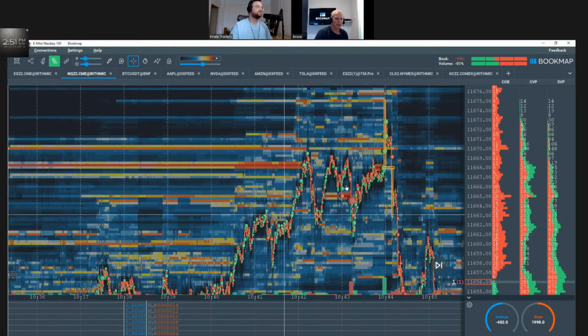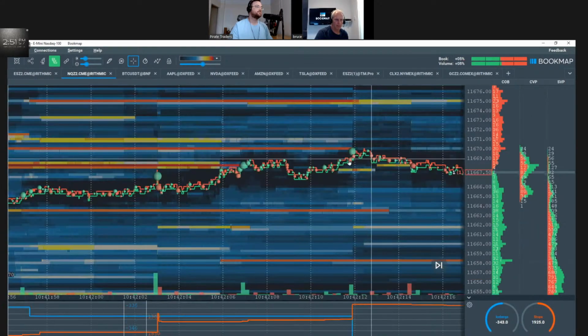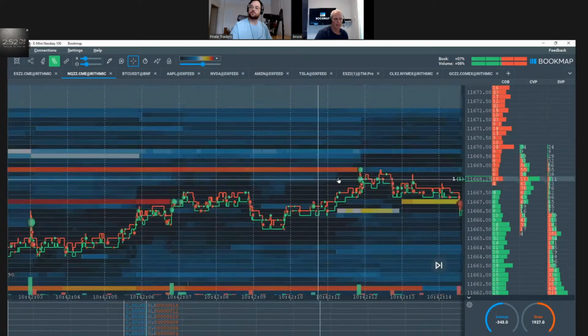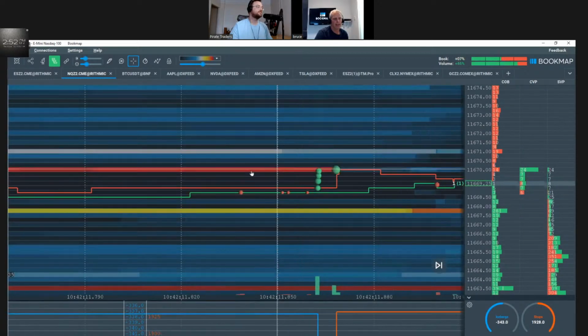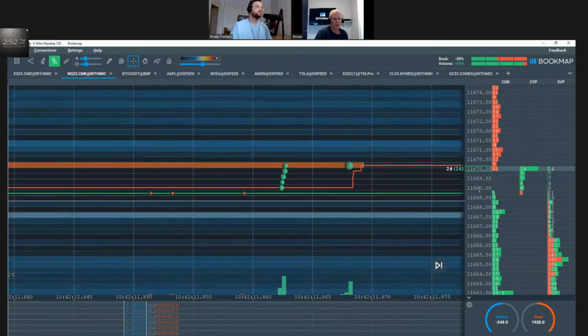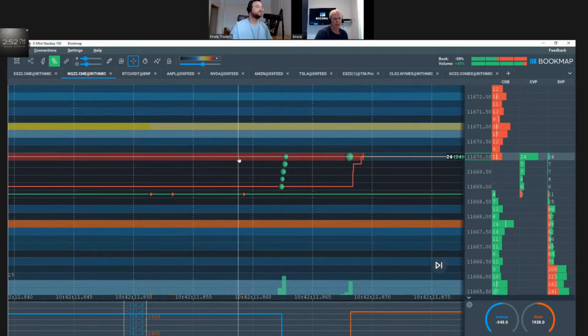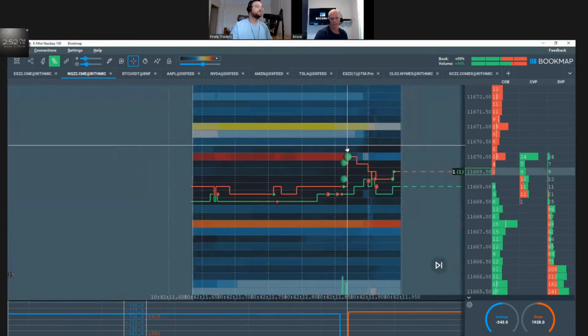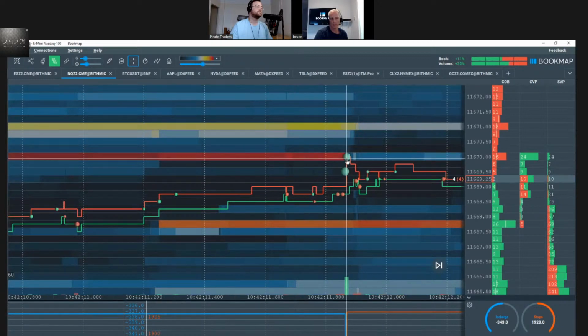The true definition is something like this: it trades up into this 670 level and can't get through. This passive limit sell order totally absorbed all of the buying pressure. There were no buyers that could trade through it, and that would be absorption.